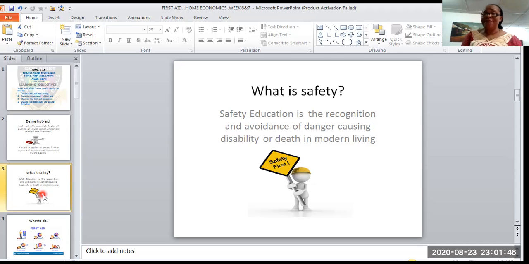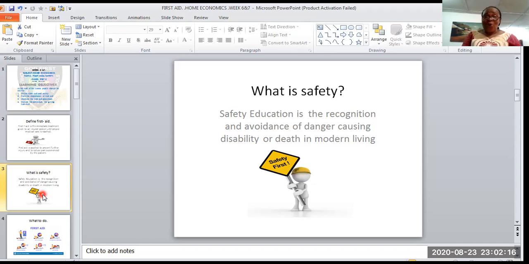Don't go near the fire. Do you understand? Let an adult handle fire. Let an adult iron your clothes. Don't do it yourself. That innocent looking iron may pose as a dangerous object. Do you understand? So safety is when you recognize danger and you avoid it.